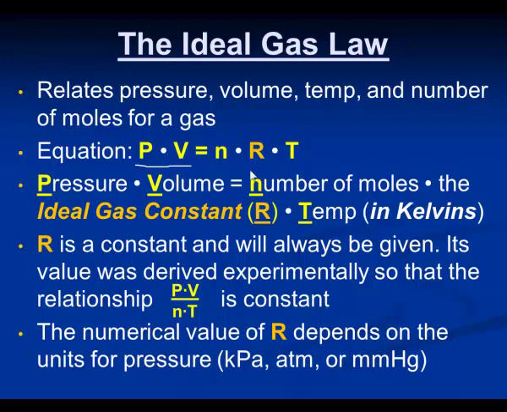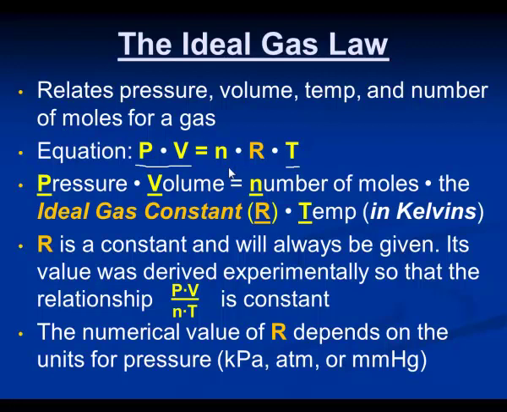And we know that those two measurements, both pressure and volume, are going to be directly proportional to the temperature. So the temperature is on the other side of the equation because of that direct relationship.